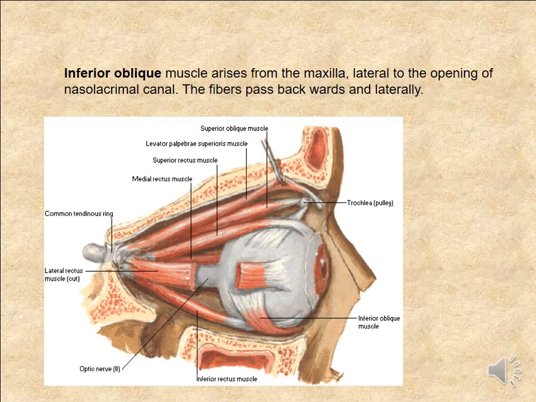Its origin is from the maxilla below the opening of the nasolacrimal canal, which is surrounded by the lacrimal bone, except the inferior part, which is from the maxillary bone. So this origin is from the maxillary bone. It goes backward and laterally and inserts into the sclera on the lateral side of the eyeball.